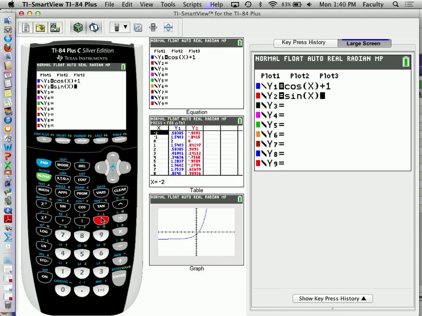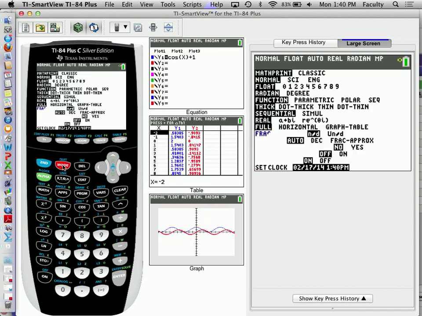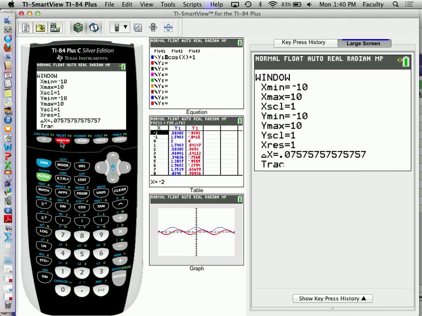Because this is 0 to 2 pi, let's check our mode and make sure that we're in radians. You don't want to press zoom trig on this one, because zoom trig goes from negative 2 pi to 2 pi, and we only want 0 to 2 pi.